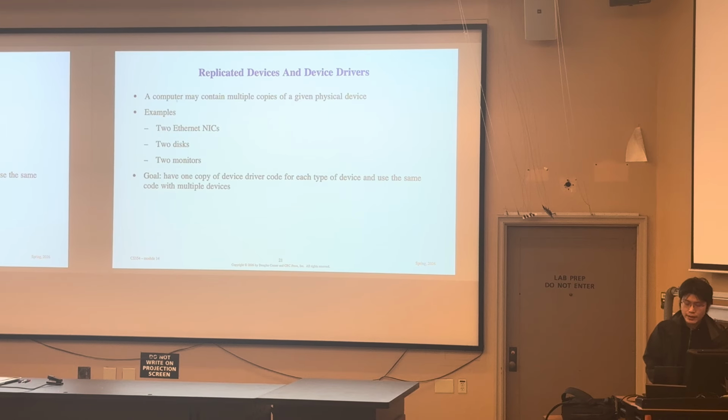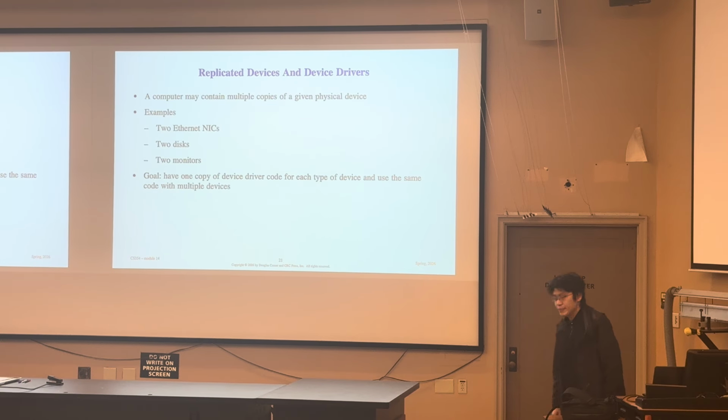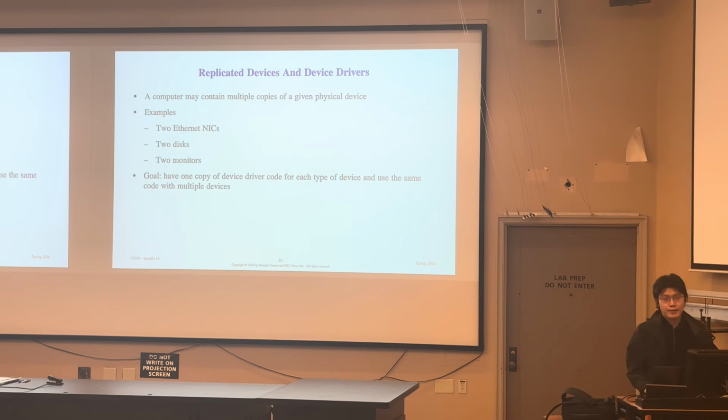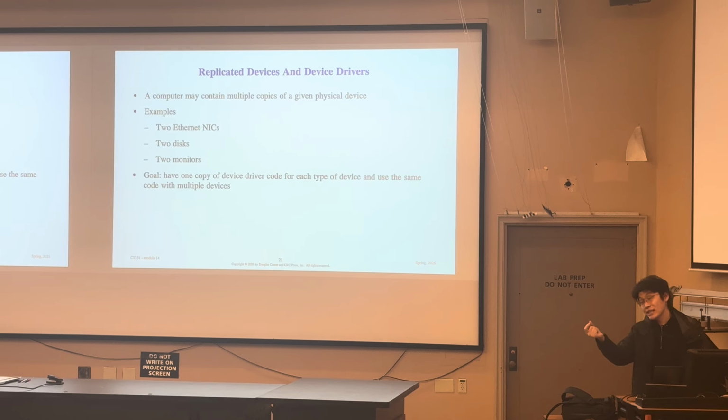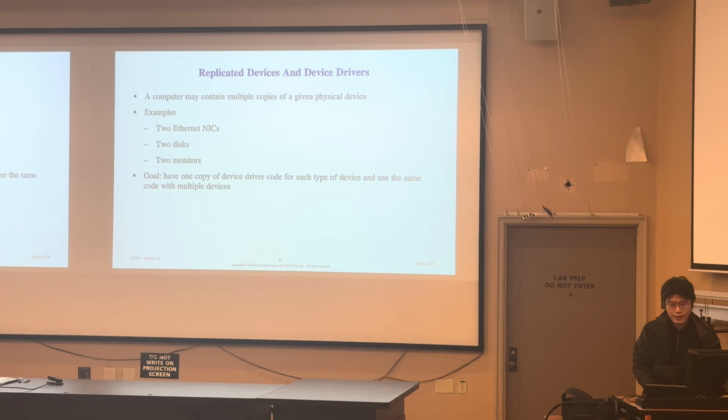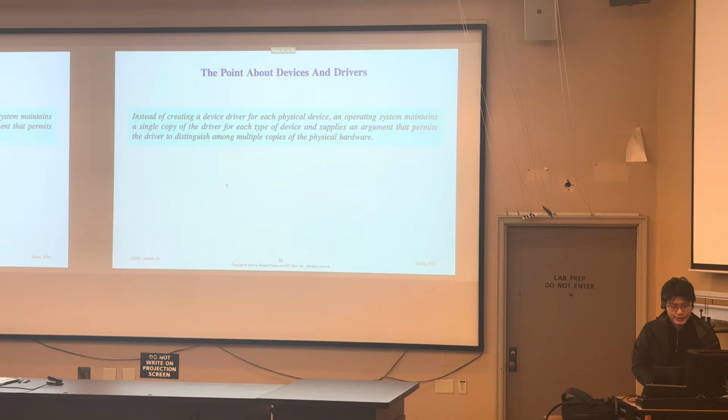A computer may contain multiple copies of a given physical device, two network cards, two disks, two monitors, and you have one copy of the device driver code for each type of device, and use the same code with multiple devices. This is okay. As long as these two devices' table entries are pointing to the same functions, then you do not have duplicated code for different devices.